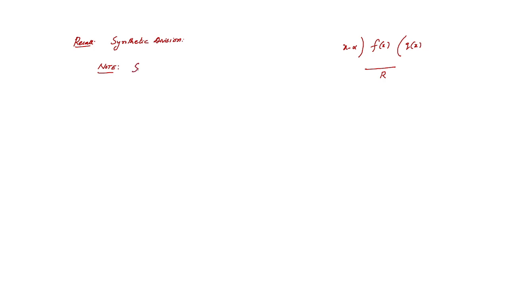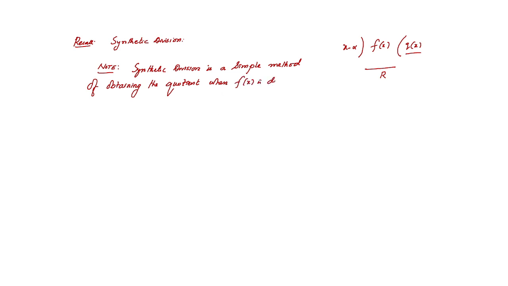synthetic division is a simple method of obtaining the quotient, that means q(x), when f(x) is divided by x minus alpha.